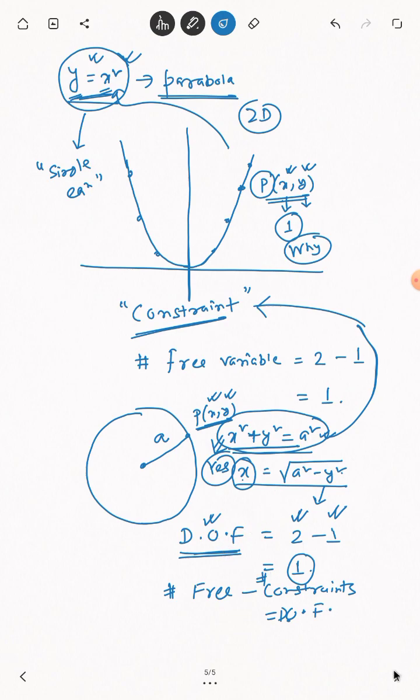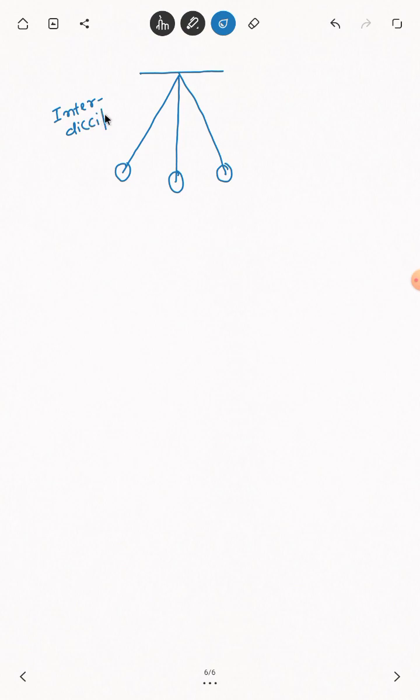Now we all know what the motion of a pendulum is. This is a specific result which is very much important from an exam perspective, because if we want to actually do anything exceptional in the exam hall, then we have to follow what we have already discussed, interdisciplinary maths.